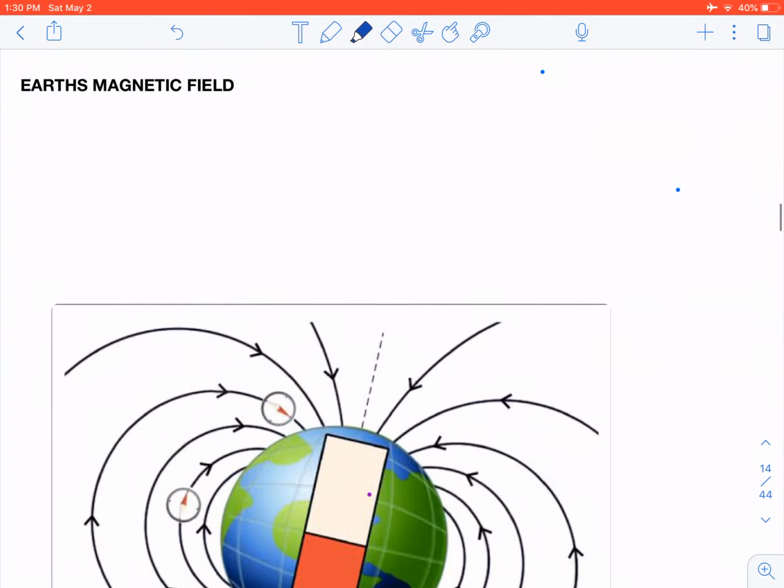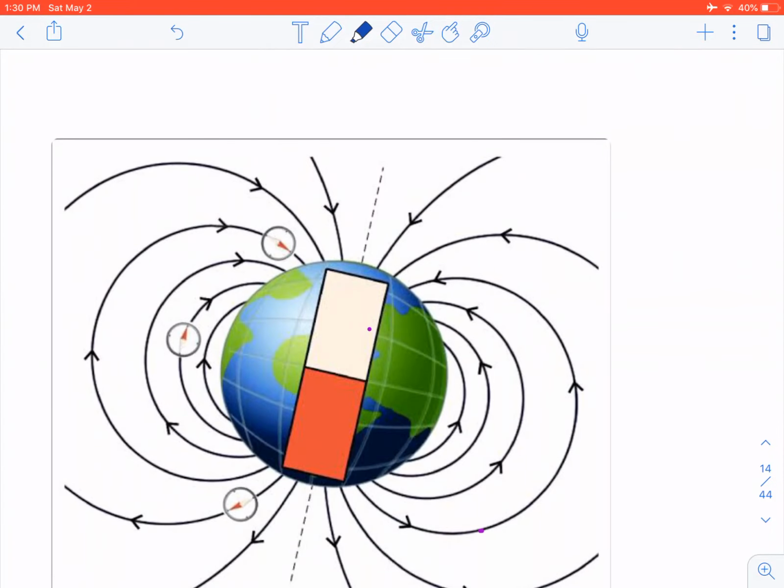So let's look at this. Here we have the Earth. We know there's a North Pole and a South Pole, with the Earth rotating on its own axis.